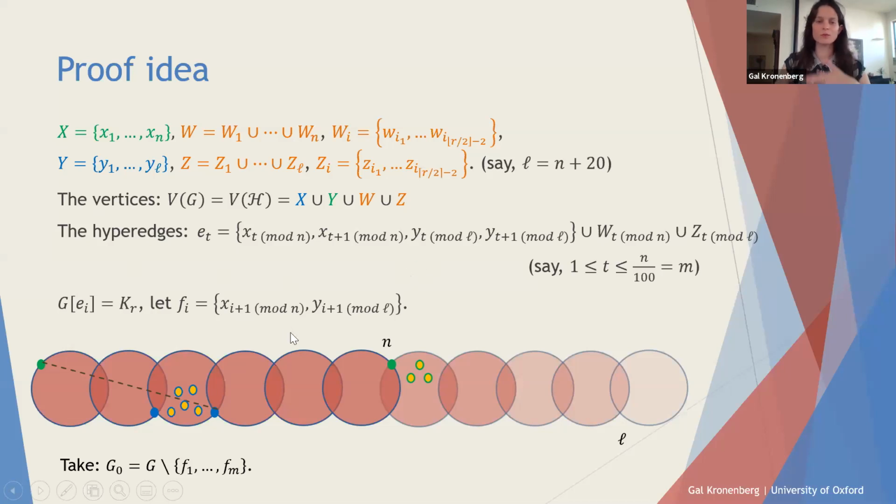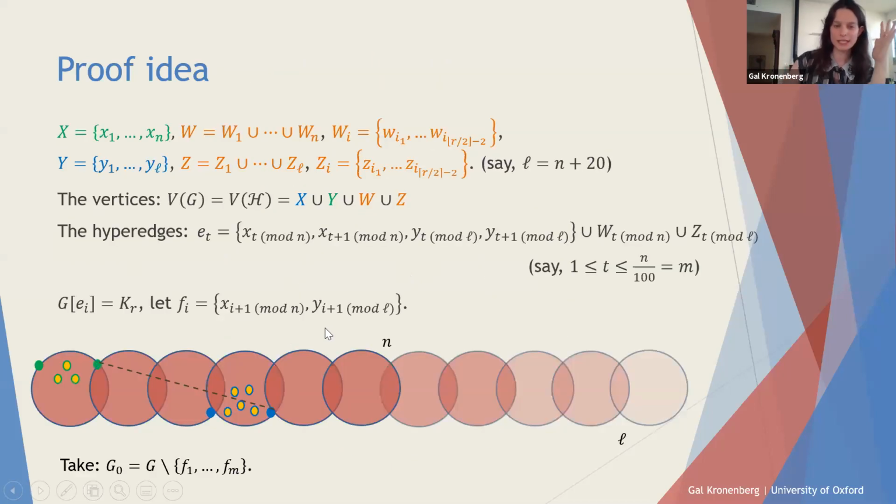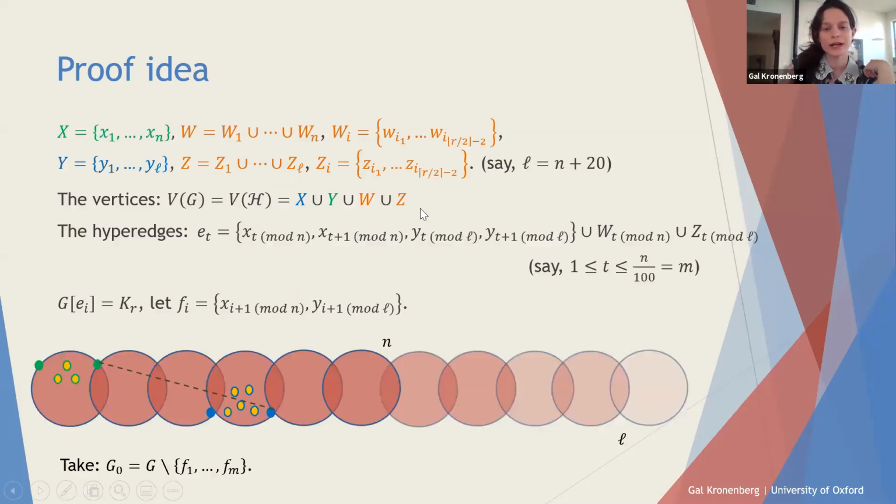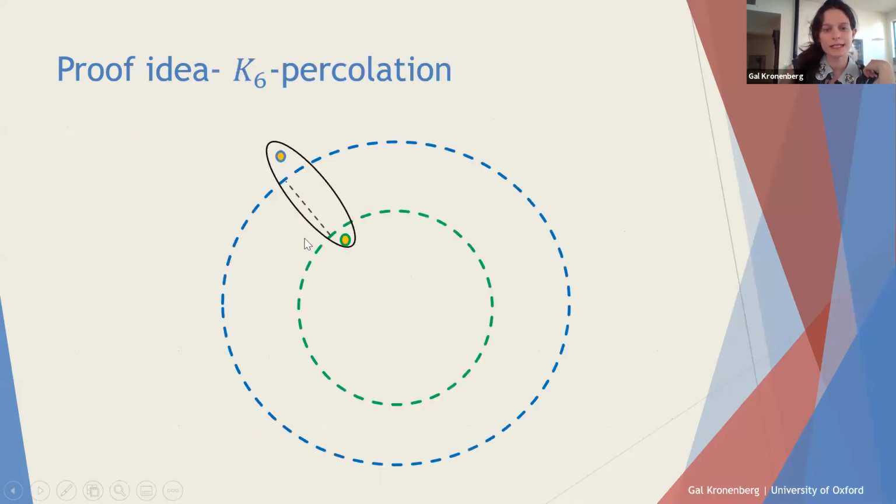Okay, so maybe another way to see it, maybe it's easier to see it this way. I have n green vertices with the corresponding yellows, and I have L blue vertices with the corresponding yellows, and L is larger than N. And then assume that I start with this hyperedge, which corresponds to a flick, and this is the only missing edge here.